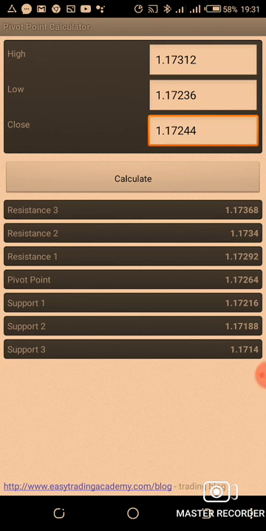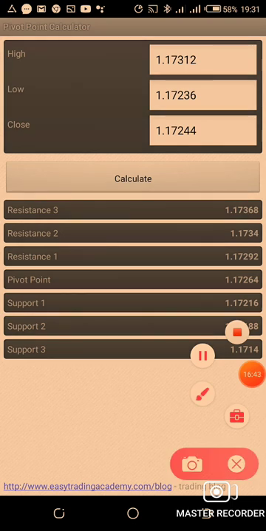Now, how do we use all these values to trade? First of all, I will need to go and plot this on my chart for you to get what I'm actually talking about. For support and resistance, don't forget I said we may have something like this.